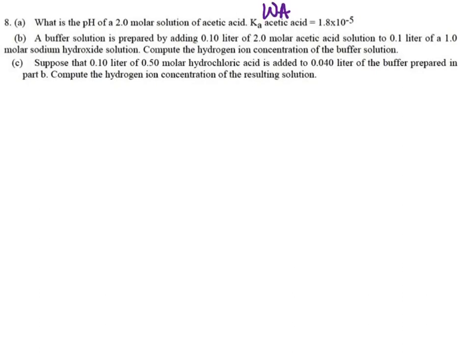So how do we find the pH of a weak acid? Add water. So our acetic acid plus water is going to give me my acetate ion and hydronium ion.